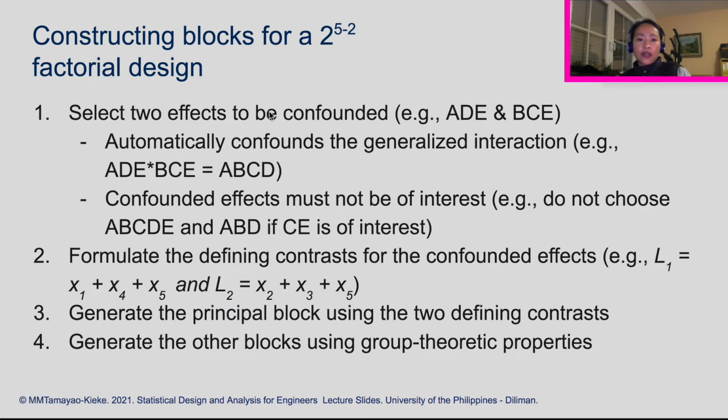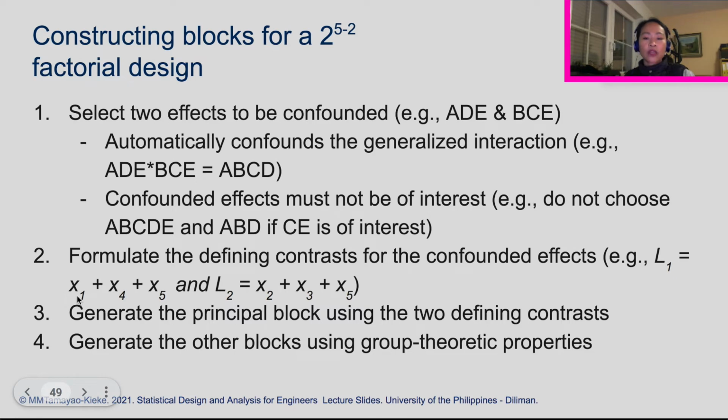After selecting the two effects to be confounded, the next thing for us to do is formulate the defining contrast for the confounded effects. So in our example, where we chose ADE and BCE to be confounded, L1 corresponding to ADE would be equal to X1 plus X4 plus X5.